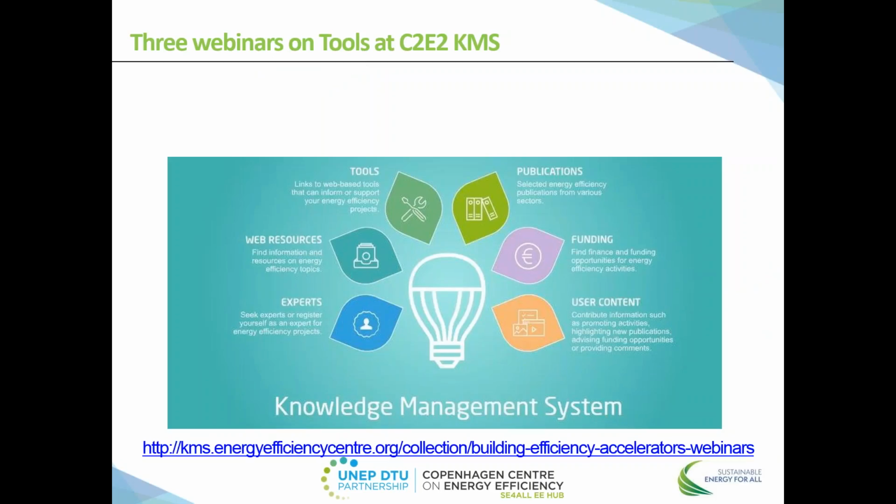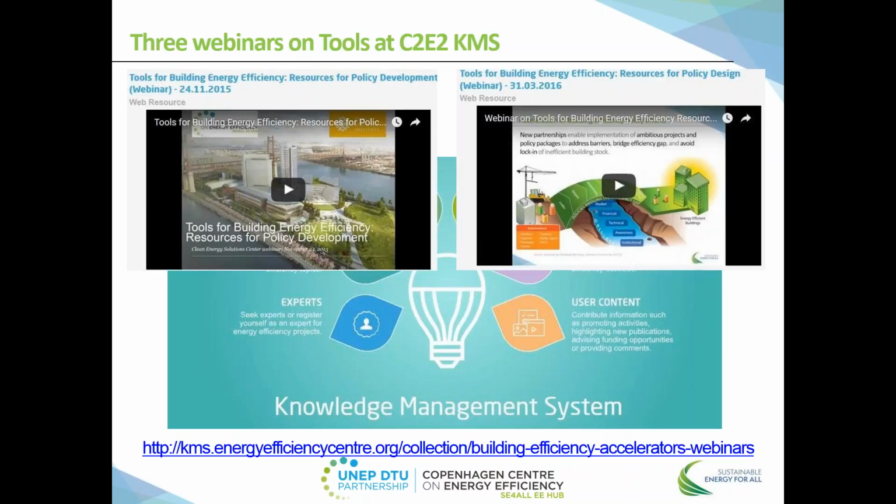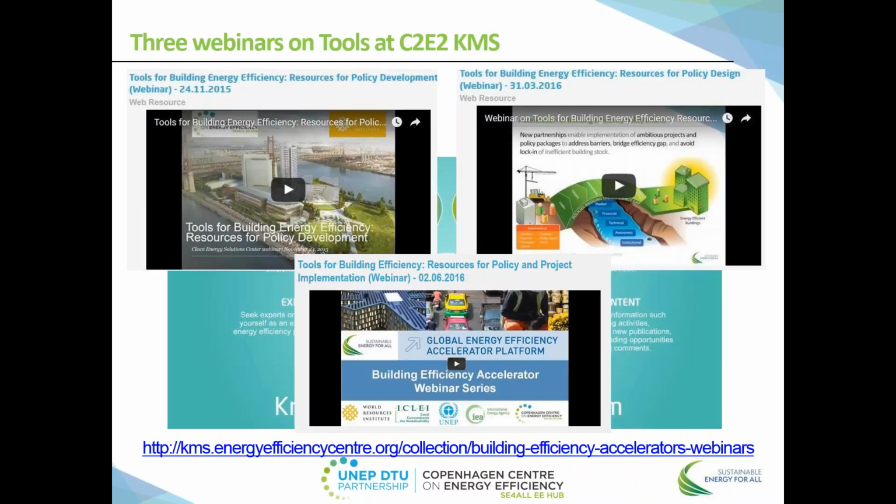Tim mentioned that on our knowledge management system there is a collection of building efficiency webinars. And actually this particular topic on tools has been covered under 3 webinars. In November last year, then we had another webinar in March, and the third one actually last week.